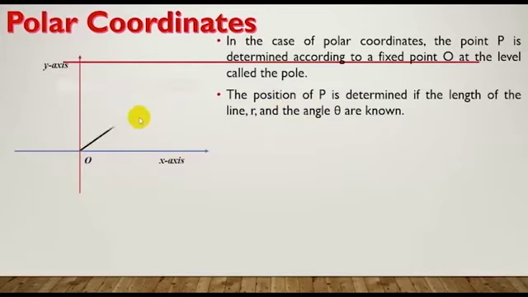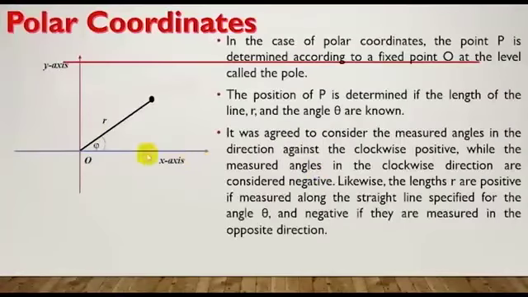The position of P will be determined from r and theta, and this theta should be measured from the x axis in the direction against clockwise. So we see it as counterclockwise and it should be positive. If I took the opposite direction, it will be negative.